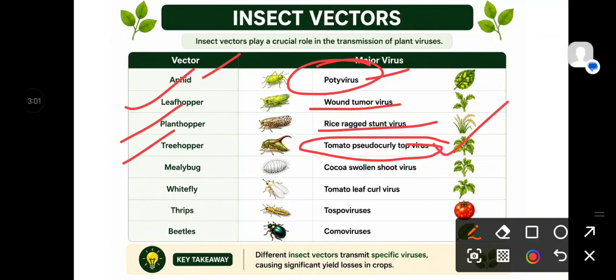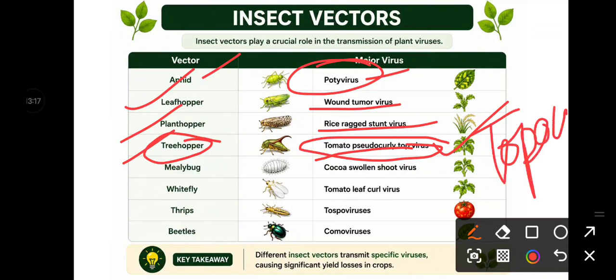This question was actually asked in the 2024 ASRB exam. This is an exceptional case actually. The treehopper only transmits this topocuvirus, tomato pseudo-curly top virus.